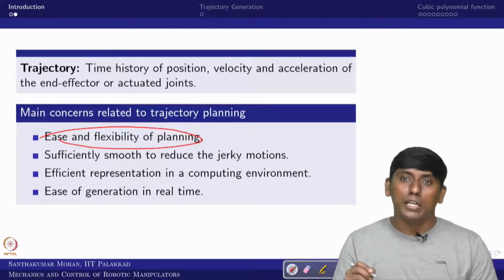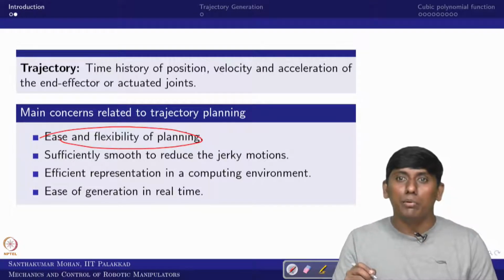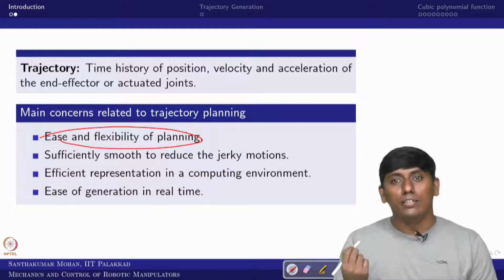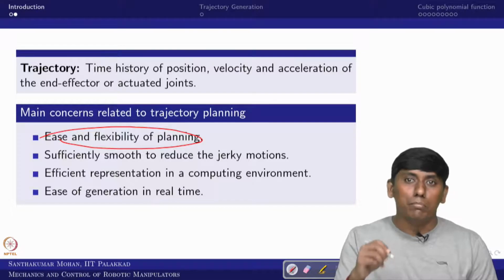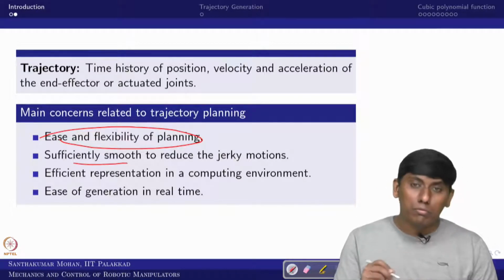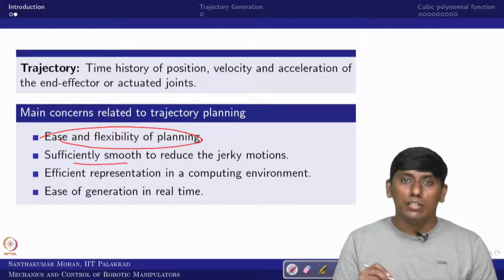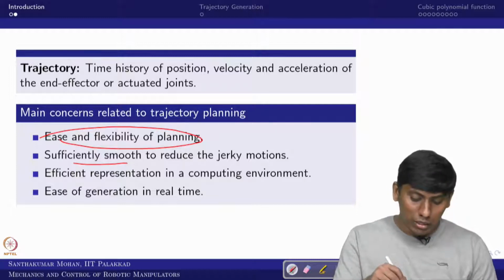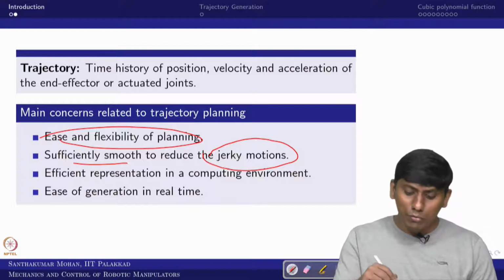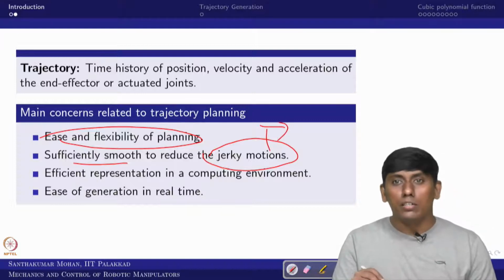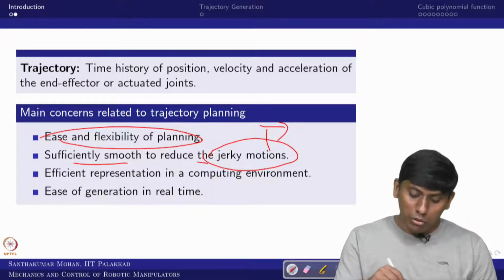However, with an experienced driver, you will not experience any jerk when the car starts moving. That is what you call a smooth trajectory. So your trajectory should be smooth so that you can avoid jerky motion. Invariably it will reduce the overall cost of the system, and a long life of the actuator will come. That is the whole idea.